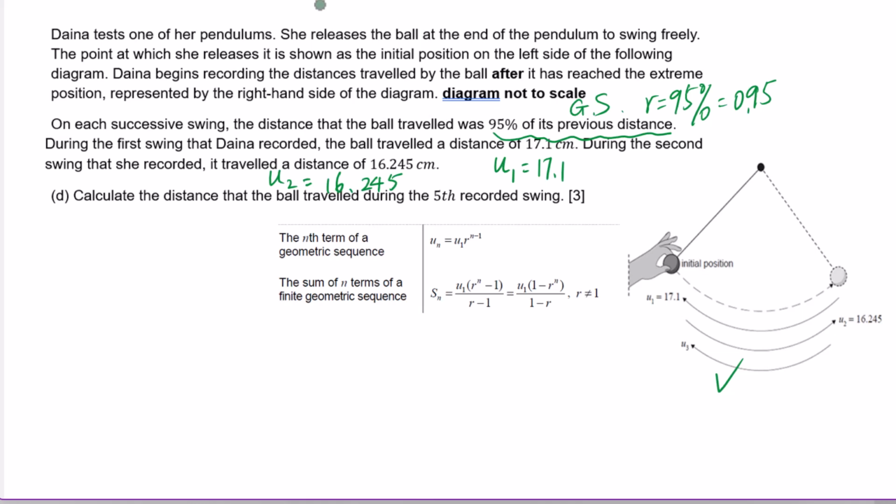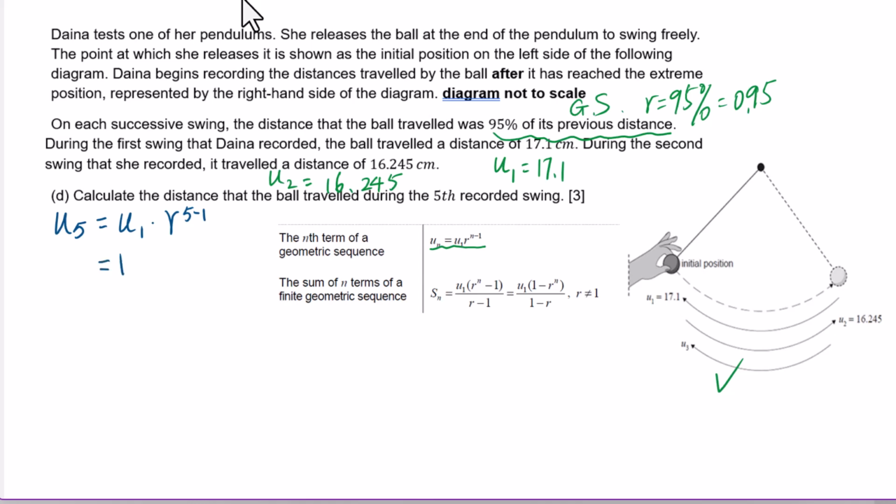Calculate the distance that the ball traveled during the fifth recorded swing. We will use this formula. u sub 5 equals u sub 1 times r to the 5 minus 1th power.